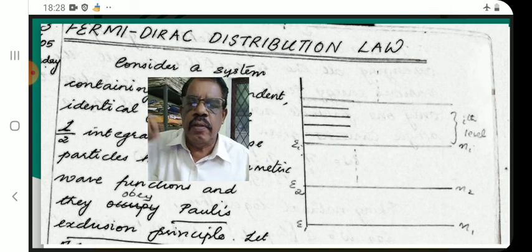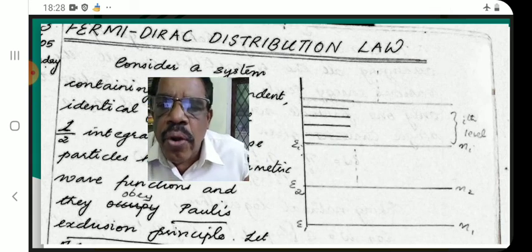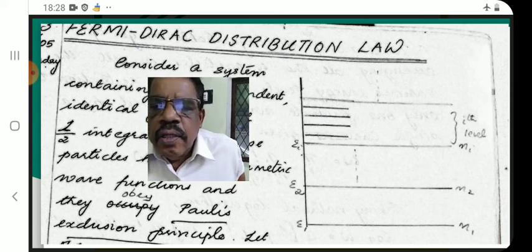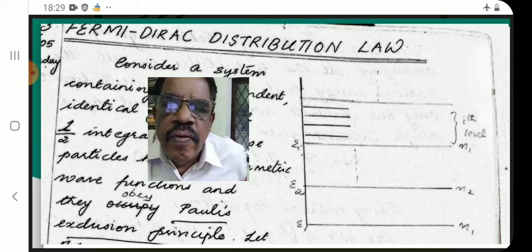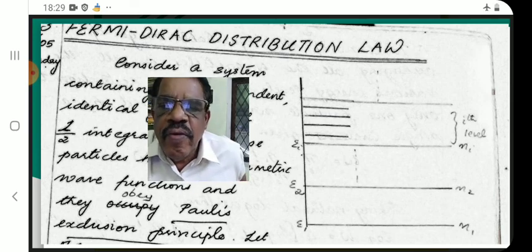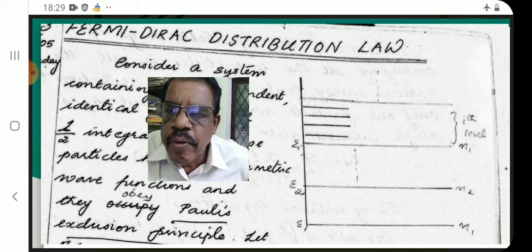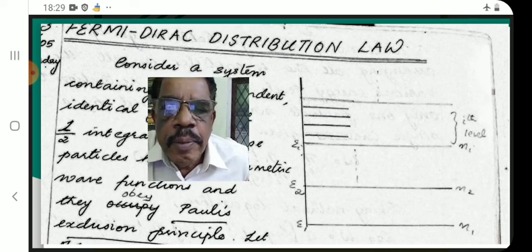The diagram is same as that one we have drawn in the case of Bose-Einstein statistics. There are energy levels epsilon 1, epsilon 2, epsilon 3, etc., epsilon i, etc., and the ith level is divided into a number of sublevels, Gi sublevels, and that is marked in the figure.